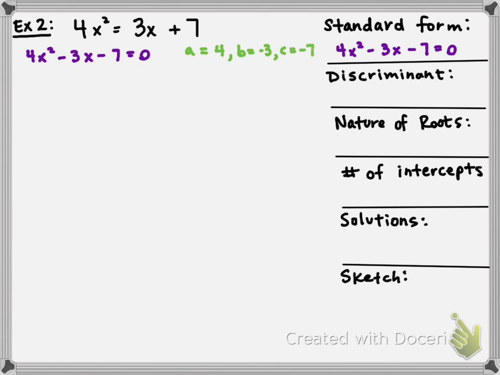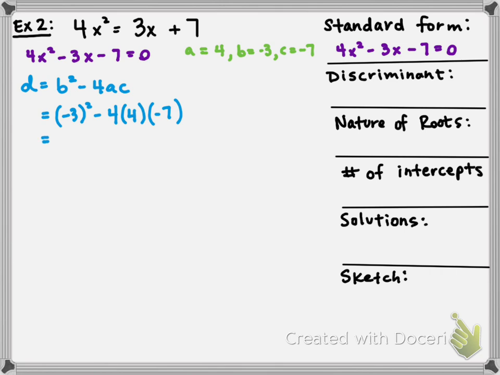As for the discriminant, that's where we solve D equals b squared minus 4ac. Now let's plug in our a, b, and c, and find out what our discriminant is equal to. Negative 3 squared minus 4 times negative 7.